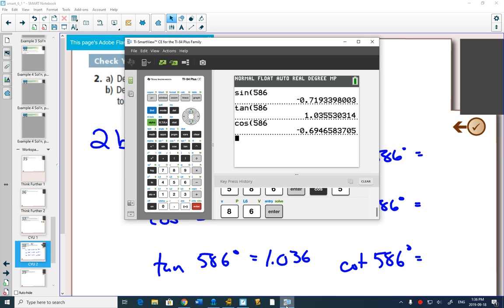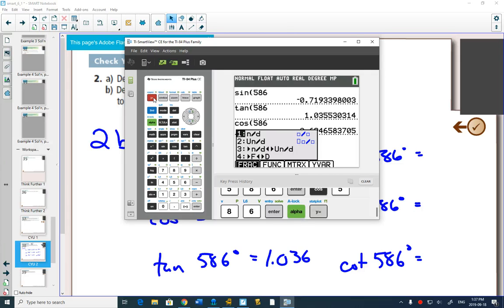I've got to get used to this new calculator. I don't have any of my F function buttons up there, do I? I was going to show you something. If you have a graphing calculator, if you go alpha y1, which has F1 above it, does this menu come up for you?